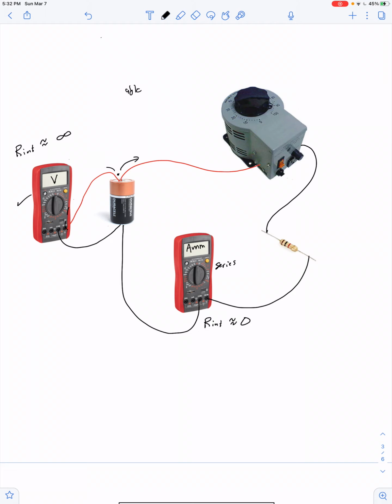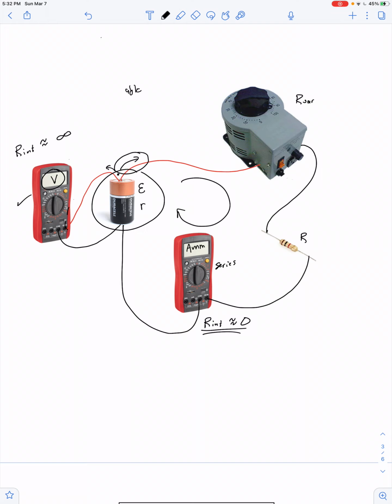Just enough current flows to make the voltmeter register a value, but the bulk of the current in the circuit is going to flow through this series loop that includes the variable resistor, the fixed resistance, the ammeter with practically zero resistance, and the battery, which we think of as being an ideal voltage combined with a little bit of internal resistance.